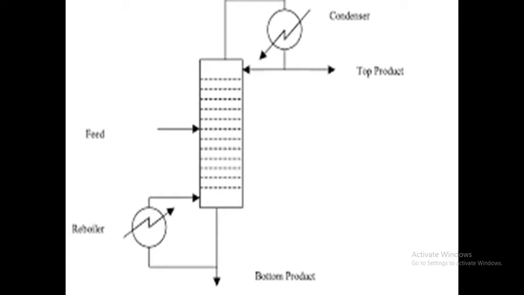In the distillation column, the reboiler is located at the bottom of the column, whereas the condenser is situated at the top of the column. The purpose of the reboiler is heating the mixture. When steam is passed with the help of the reboiler, the feed mixture is heated in the distillation column.